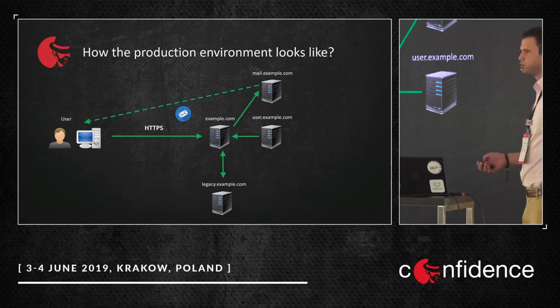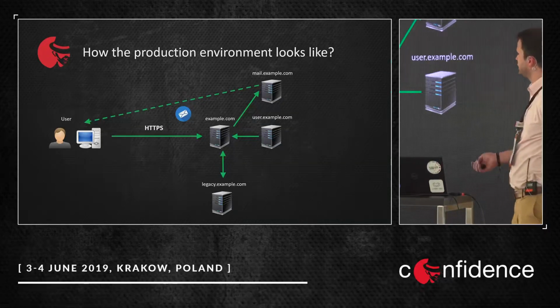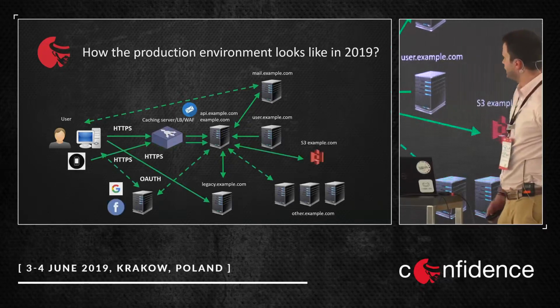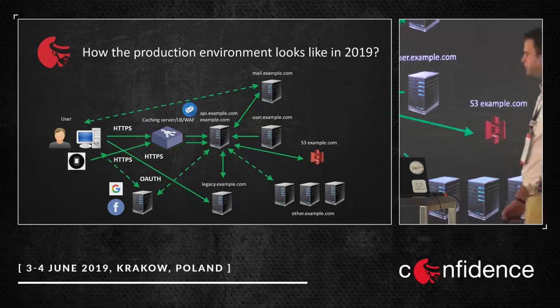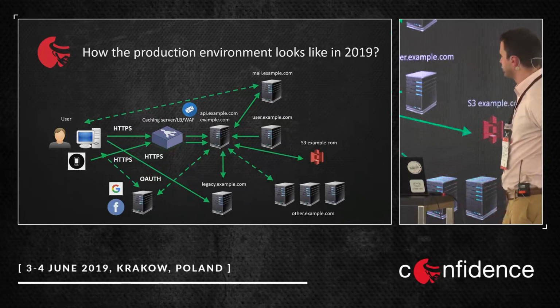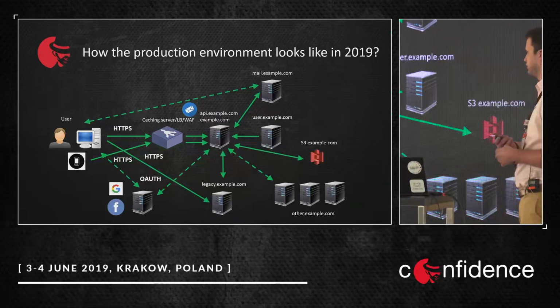What's even worse for the people who perform the pen tests is that it's 2019 now, so the application will look like this. And I'm still probably missing some components because right now everything is in the cloud. So we have AWS Lambda functions, we have simple email services, and all of these components are usually not part of the scope, or pen testers are not informed about them.